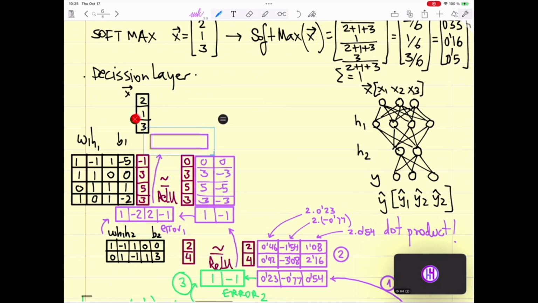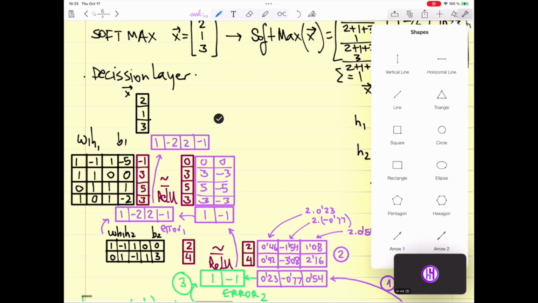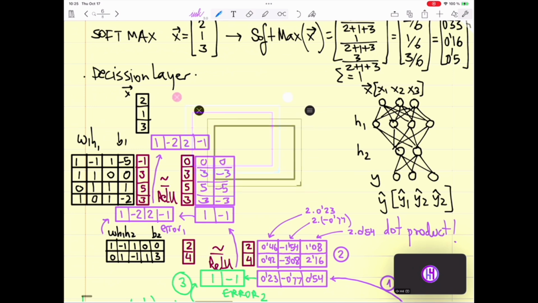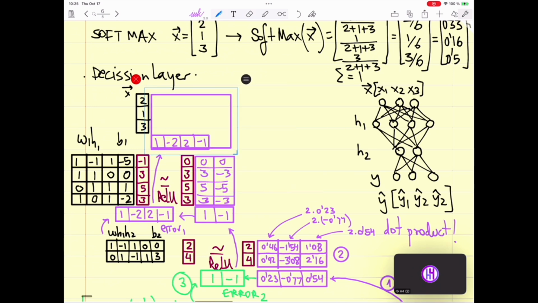Let's copy it: 1, minus 2, 2, minus 1. And what we magically get is a matrix which is going to have this format after performing our dot product.